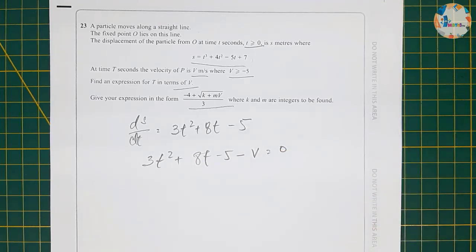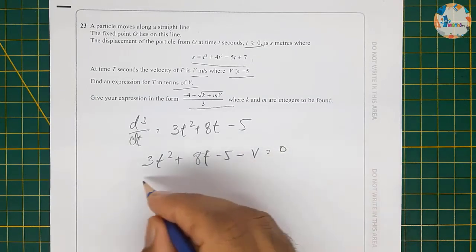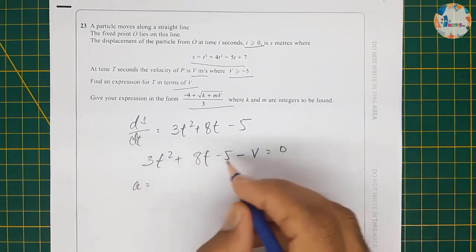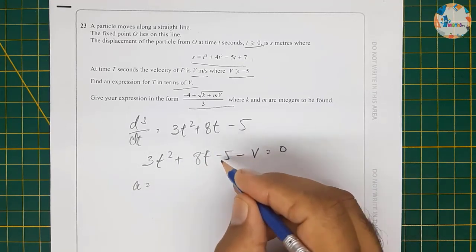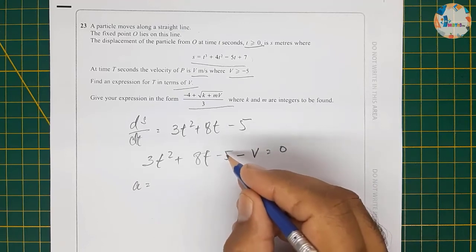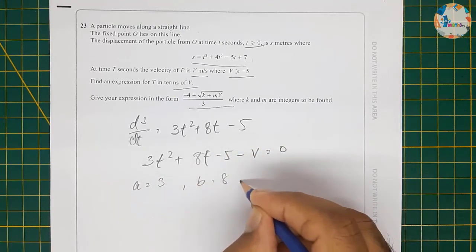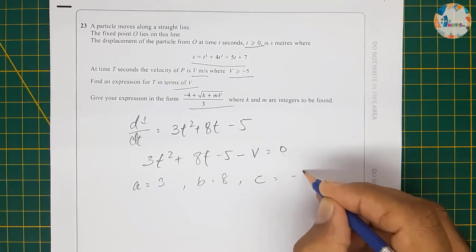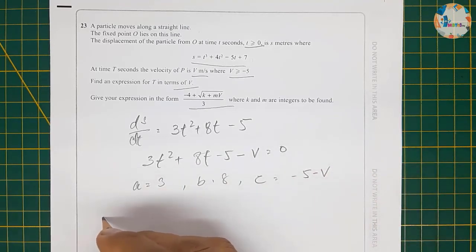This will be our equation, and we can apply the quadratic formula. We can take the constants as this one. So our a value will be 3, b value will be 8, and c value will be -5 minus v. So we can apply the quadratic formula.